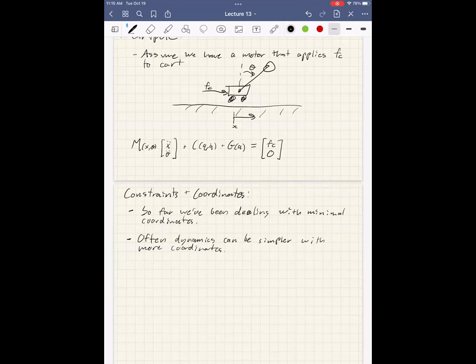Turns out there's tons more situations where that comes up. So we need to have a constraint for each additional coordinate, basically, to remove the fake degrees of freedom.